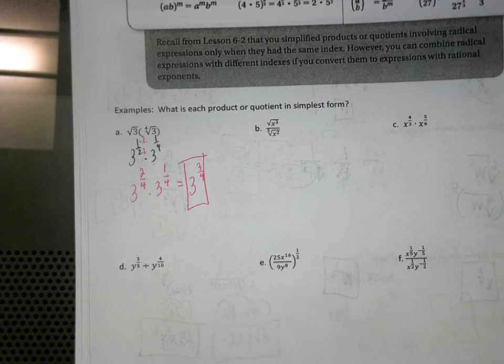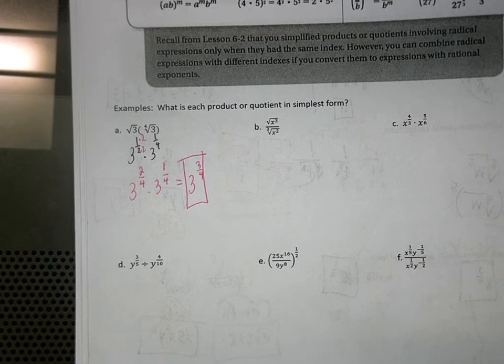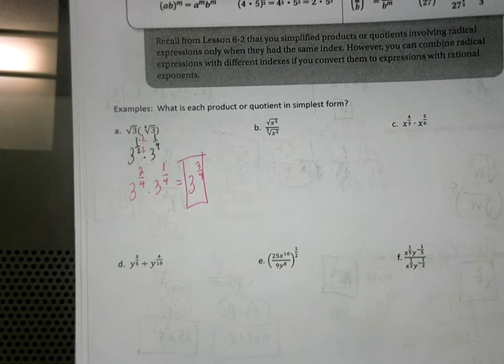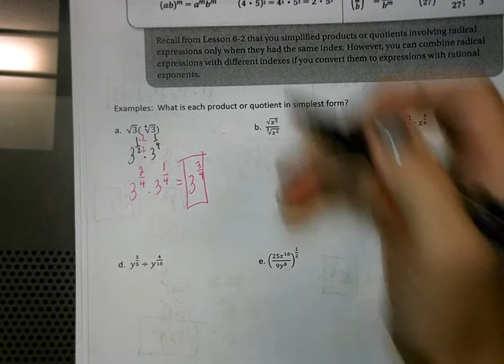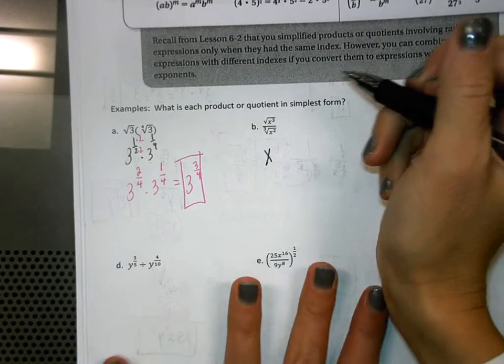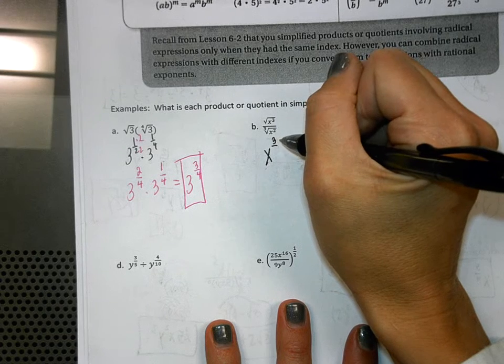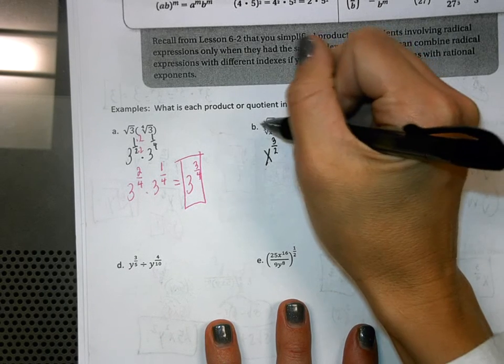All right, so B. Okay, so first thing, let's change these to exponents. Okay, so on the top, I have x to the what? 3 over, nope, 2. Remember, if it doesn't say, it's a 2.